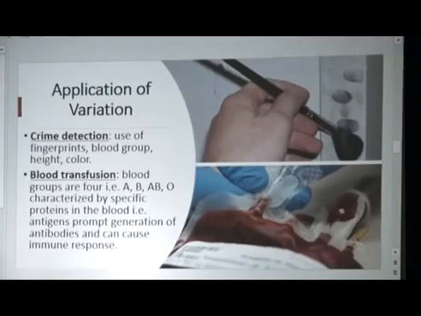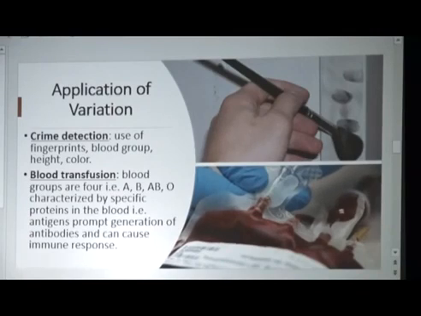Maybe the suspect had an injury, then the blood sample of the suspect can be taken to determine the blood group. Then, some witness can give the height, the color of the suspect by saying, I saw a man coming out from that room, from that house, he's tall, light in complexion. All this can be used to get the suspect.